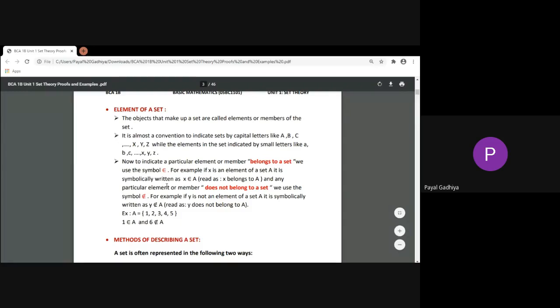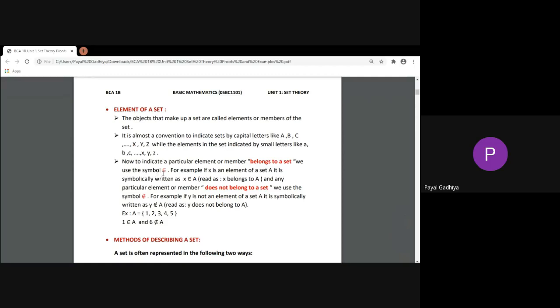Okay. So see, here we were. Now to indicate a particular element or a member, you have to use this symbol, belongs to. See, it is denoted with the red color. Belongs to will be like this. So you have to write 3 belongs to N, or minus 5 does not belong to N. So these are examples. After this definition, they have given one example.